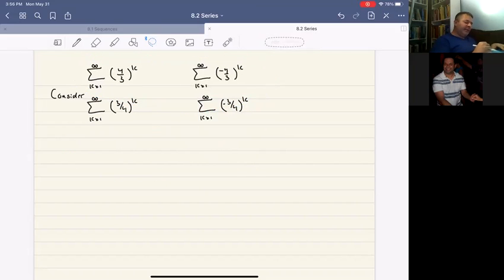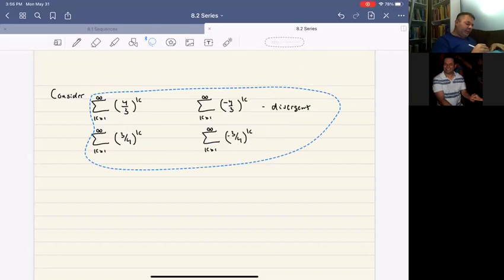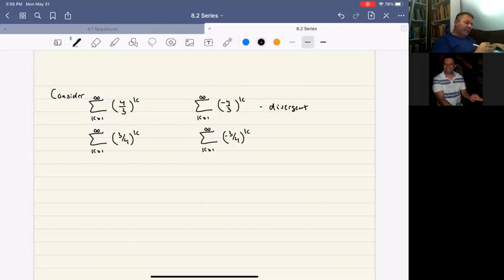Because why? Because these are both divergent. The ones where the r, or whatever it is your geometric rate, is bigger than 1, they're divergent. Doesn't matter if they're negative or positive, divergent.